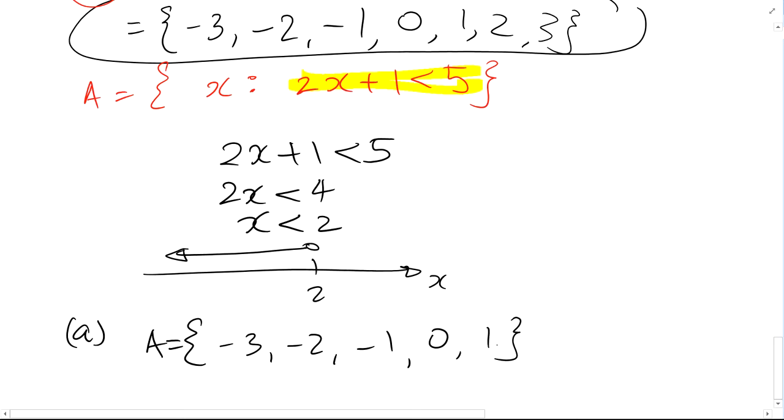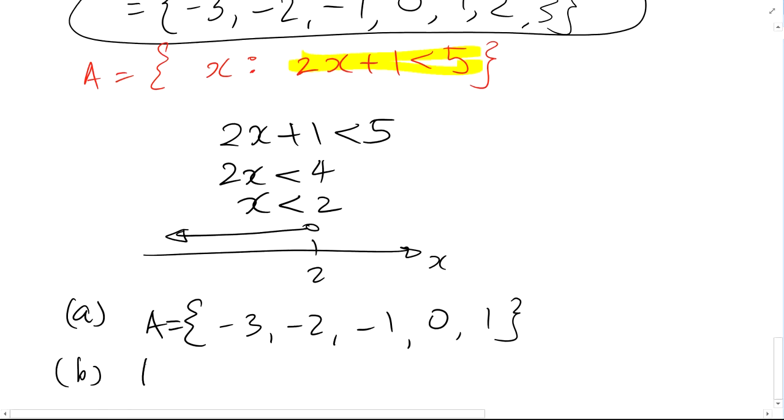Then part B: is negative 4 an element of A? No. How do we prove it? We can show that 2 times negative 4 plus 1 equals negative 8 plus 1, negative 7. Wait, no, shouldn't be doing this.